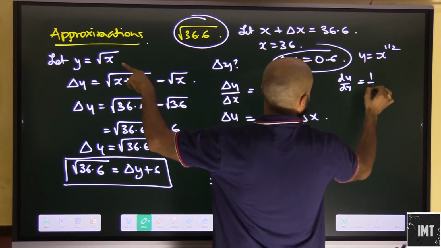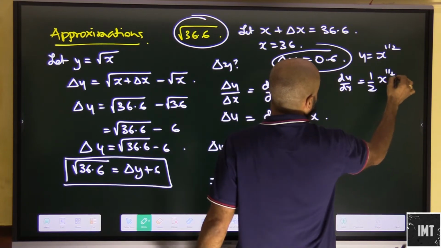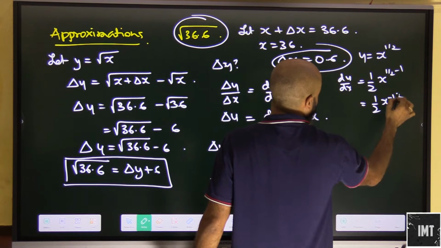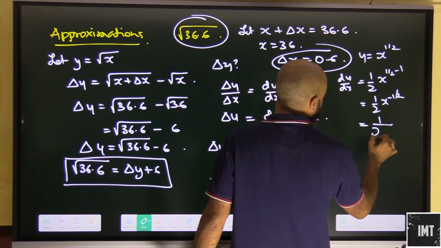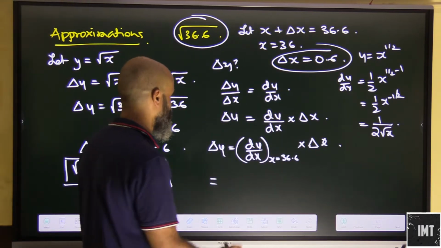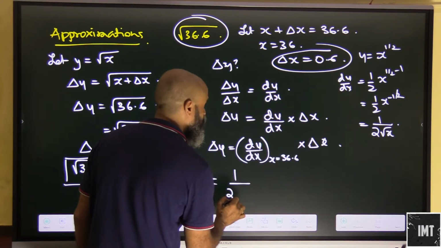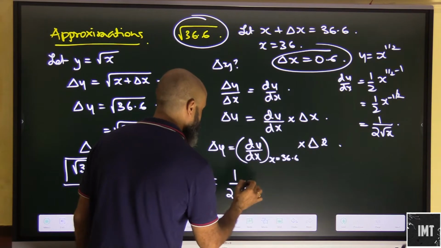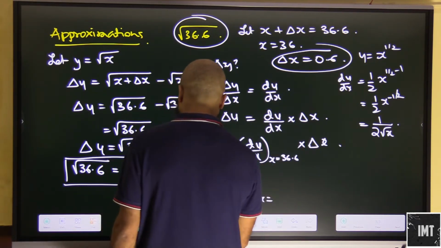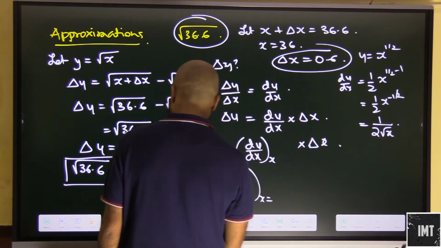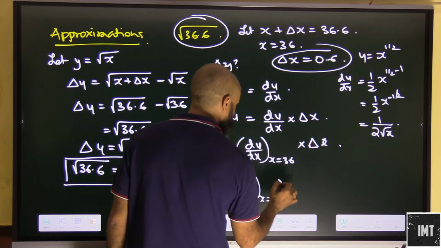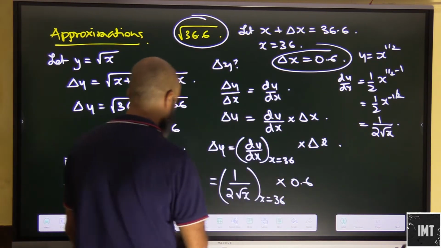So dy by dx will be half x raised to half minus 1, that will be half x raised to minus half, which is 1 by 2 under root x. At x equal to 36, into delta x, which has a value of 0.6.